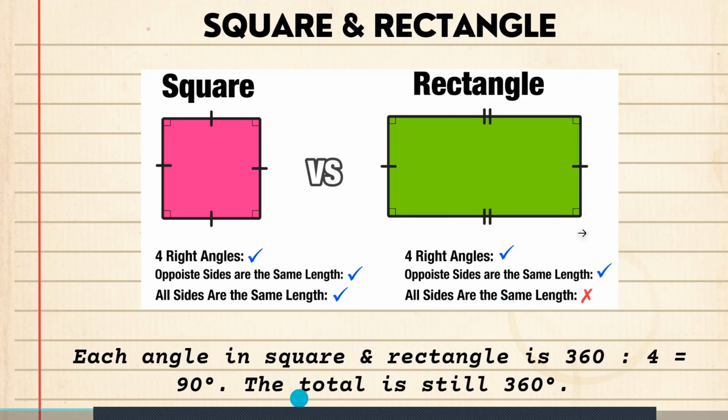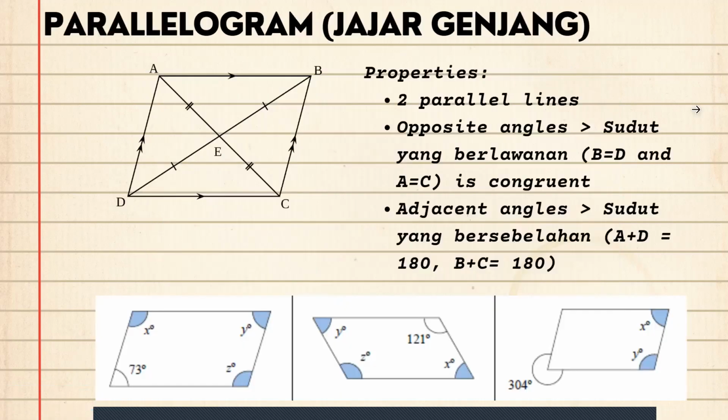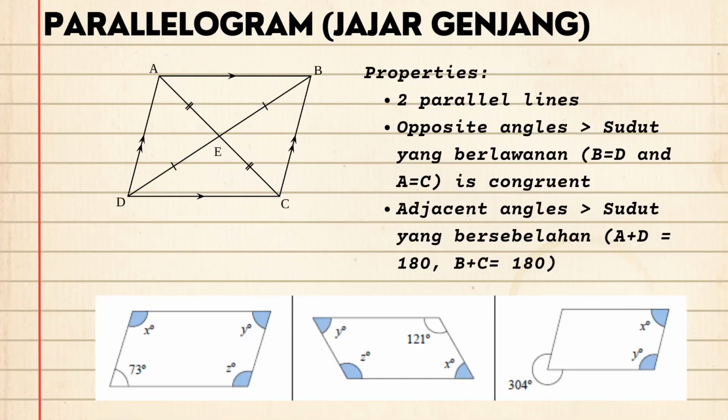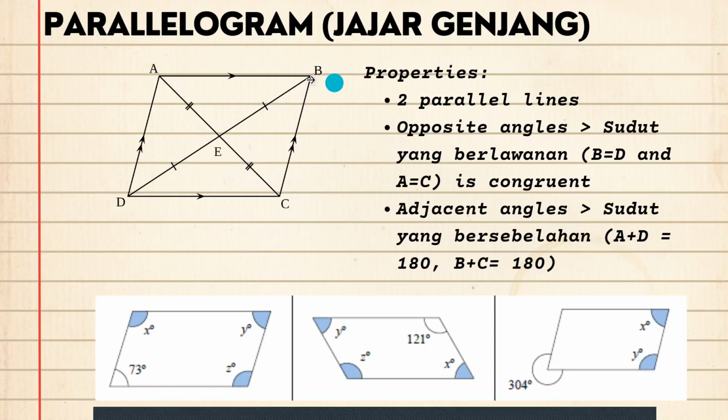Let's move to the next part, which is parallelogram, or in Indonesian terms, jajar genjang. The properties: it has two pairs of parallel lines, AB and CD, and AD and BC. In a parallelogram, opposite angles, atau bahasa Indonesia sudut yang berlawanan, for example B and D, kiri bawah dan kanan atas, A and C, kiri atas dan kanan bawah, are congruent.